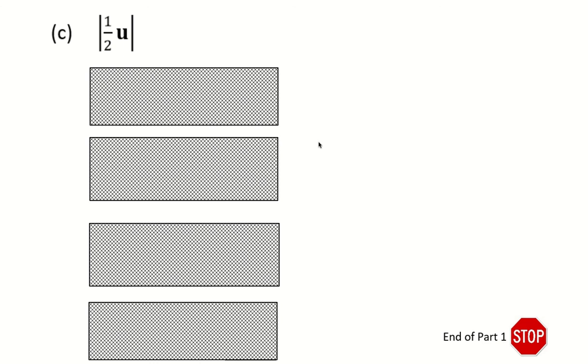And then, remember, people, what does this mean? These lines, obviously, you recognize as absolute value. Do you remember precisely what absolute value of a vector means?